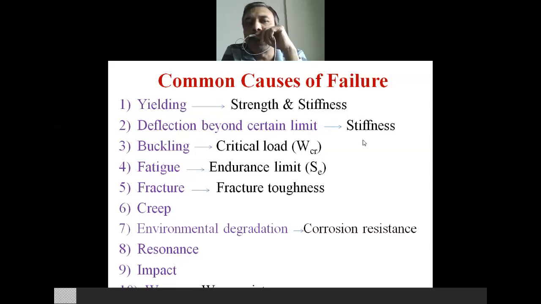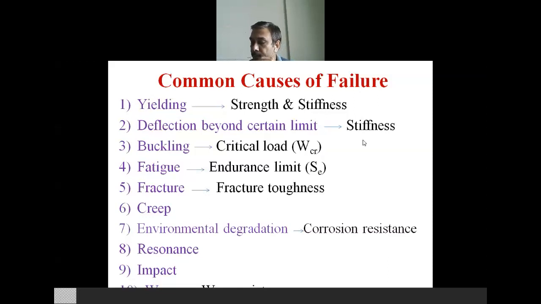If that is the case, the component is safe against buckling failure. If your applied load goes beyond the critical load, then the component is bound to fail because of buckling failure. This is a typical failure which you generally find in slender or thin members loaded with axial compressive load.